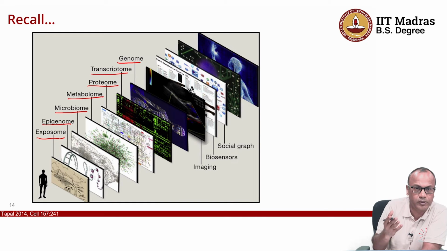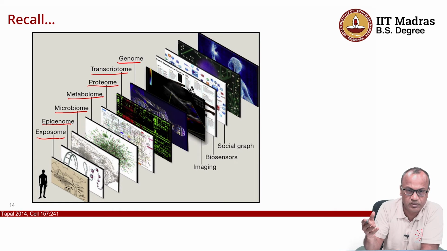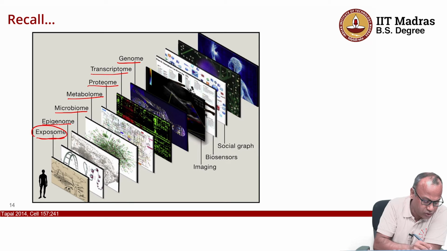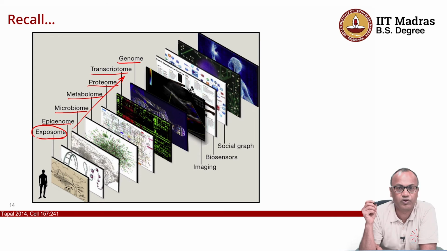So, for example, air pollution is an exposome. In cities with higher pollution, there is a higher incidence of respiratory diseases. That means whatever you are exposed to changes the way the other layers of data information change.